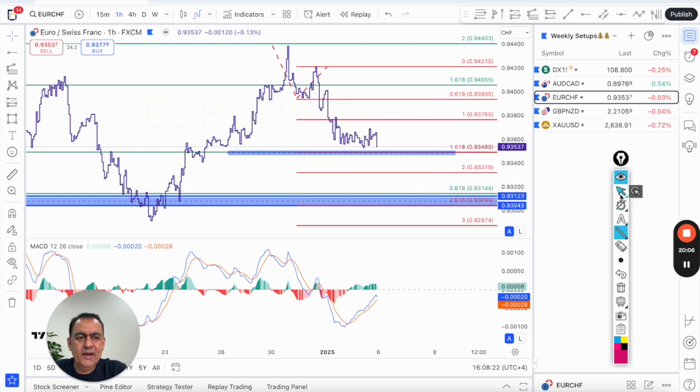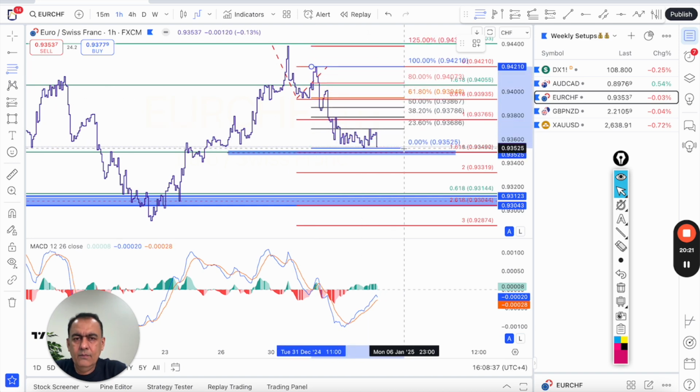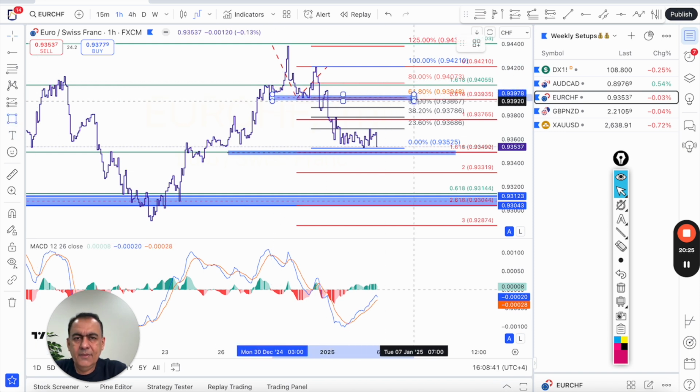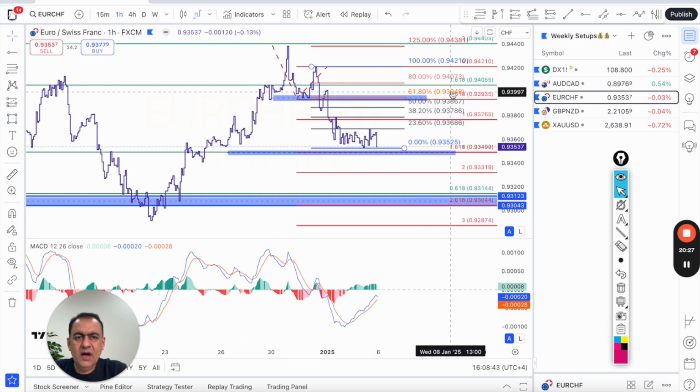Now let's find the invalidation. Because this is the beginning of the sellers, right now the market is under sideways action. So I'm going to apply fib retracement starting from this level to the current low, and I can see some duplication around this area. So a close above 9394, 9395 should be taken as invalidation of the sell plan.